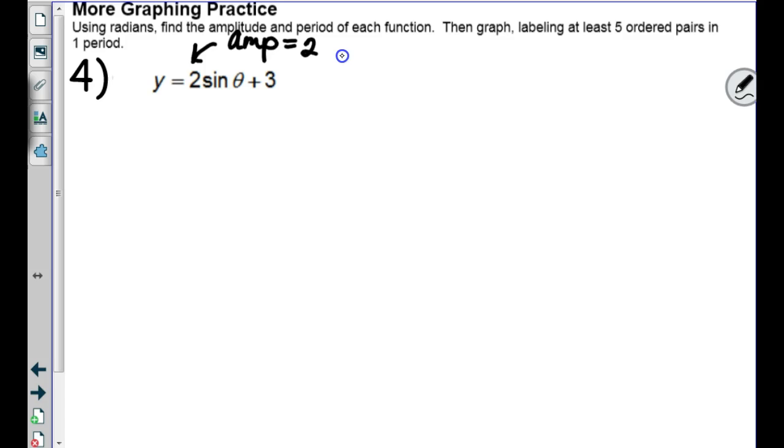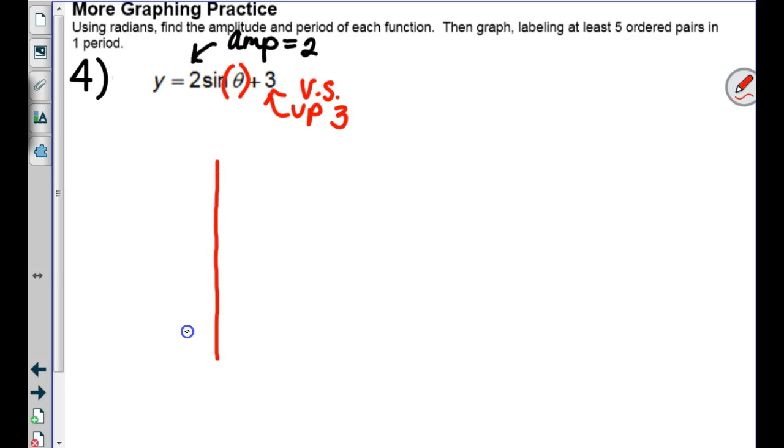Normally it would mean the maxes and mins were going to be at 2 and -2, but that's not going to happen. Why? Yes, this is a vertical shift of up 3. Now, I really wish they would put those parentheses there so that it was clearer. But if there's no parentheses, it's just around the theta. So it is a vertical shift.